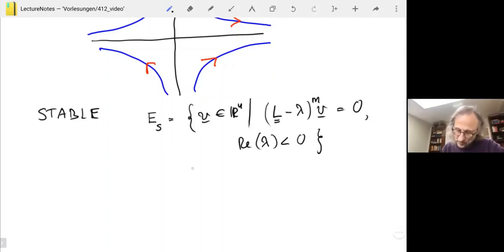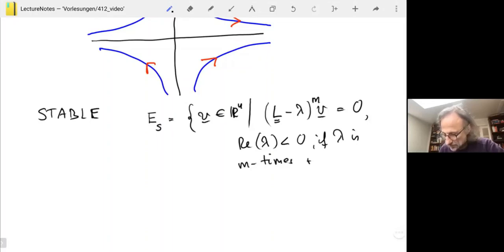So maybe I should write that down precisely here. If lambda is m times repeated, you can check that this does exactly what it should do. It's not a hard calculation. I'm not going to do it now, but you can check it.